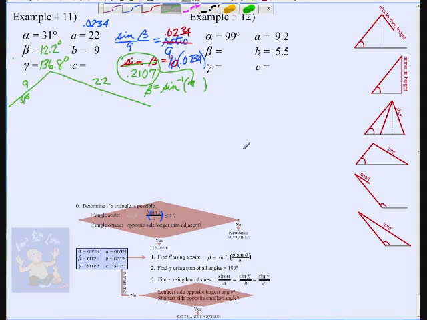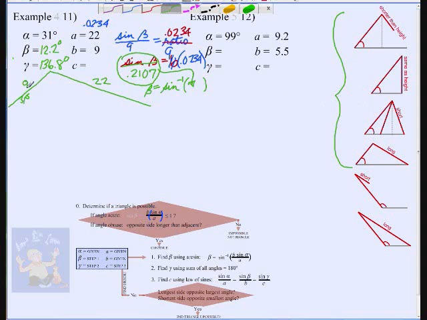Okay. What is the situation I have here? Well, we'll look at it this way first. I have an acute angle. So there was the possibility, since my sine was less than 1, that I might have two triangles.